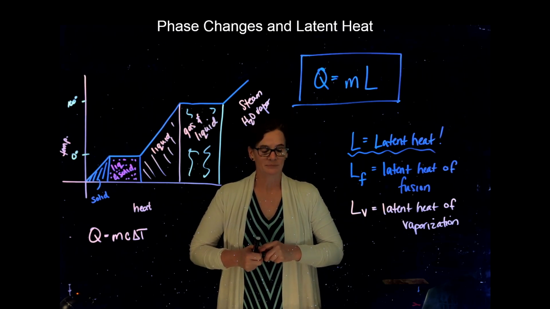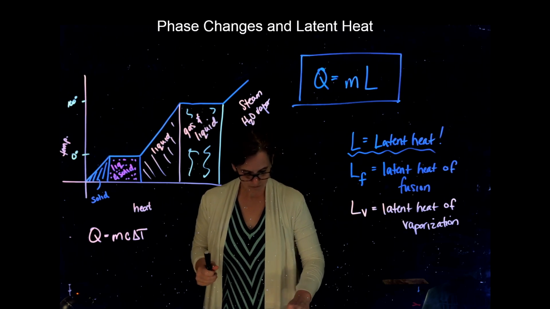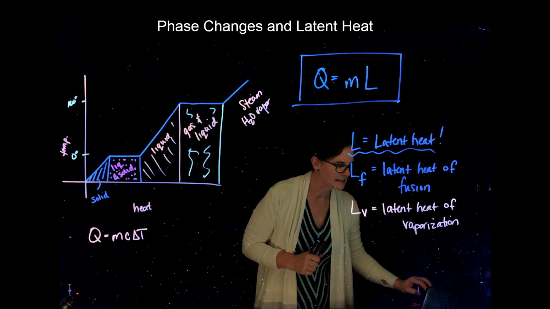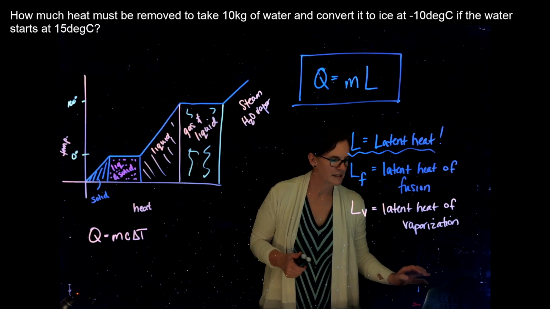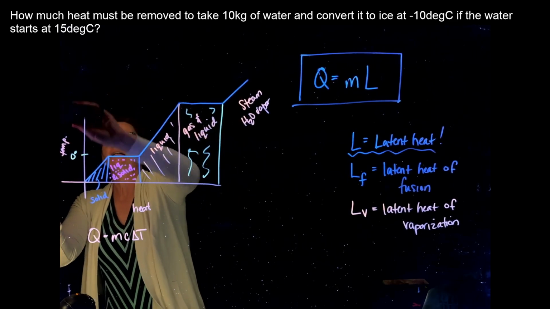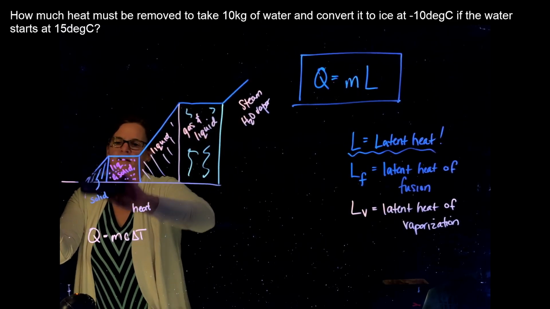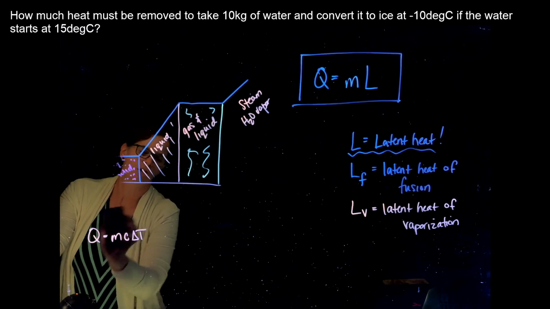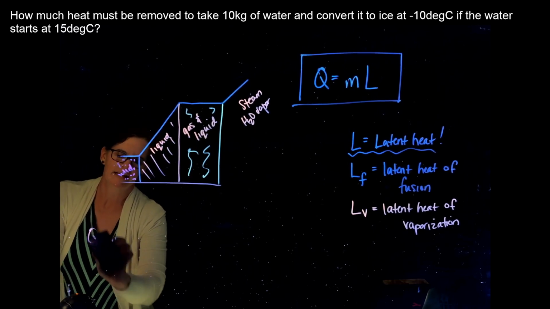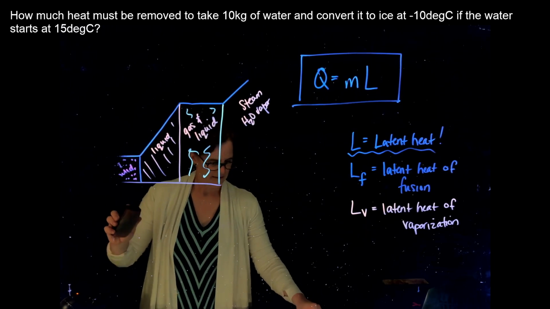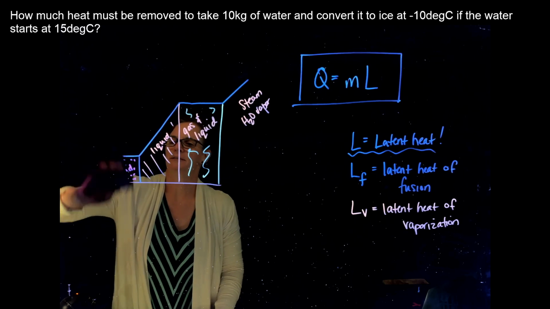All right, so let's do an example. Let me pull up that example while I erase the board and you can read it. We're going to look at how much heat it takes to take some water, turn it into ice, and then cool it to negative 10 degrees.